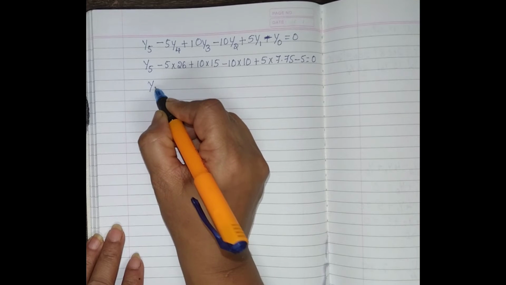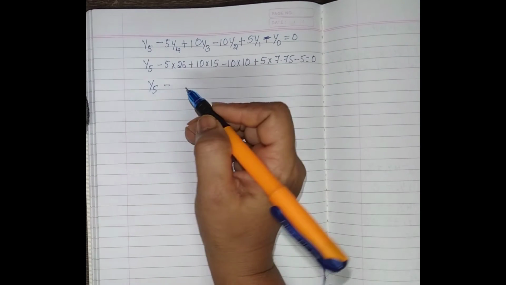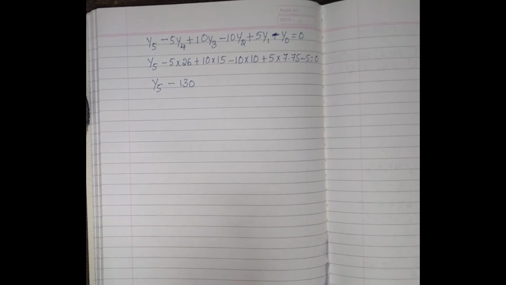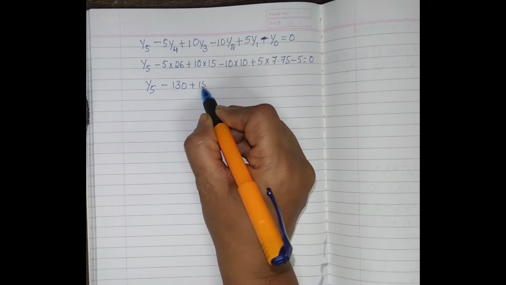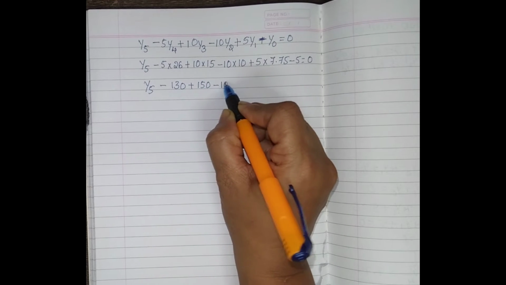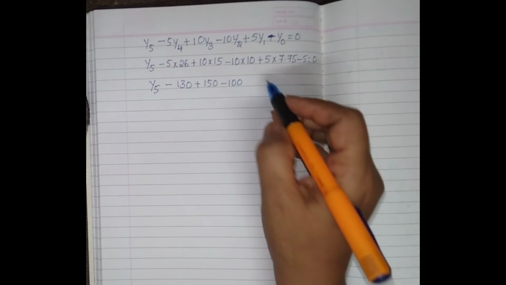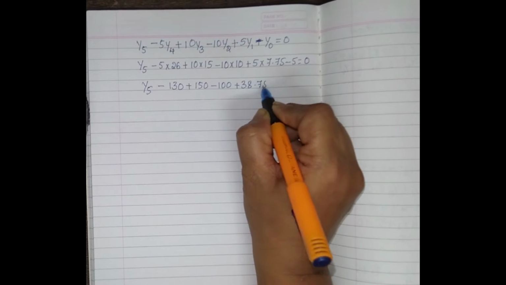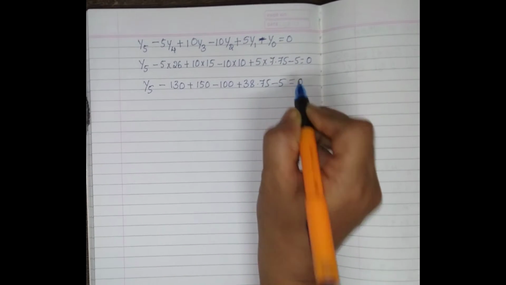Then we calculate here 26 into 5, that is equal to 130. Then plus 150 minus 100, and 7.75 into 5 is 38.75, minus 5 is equal to 0.